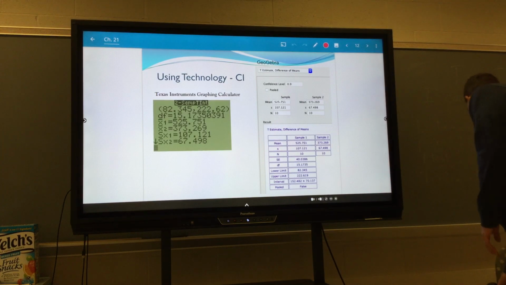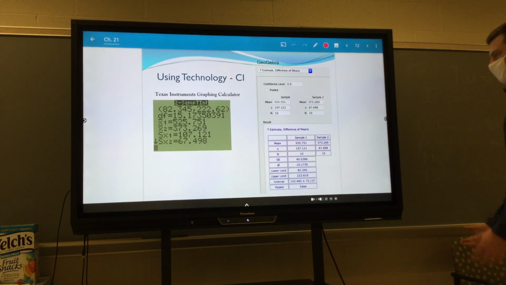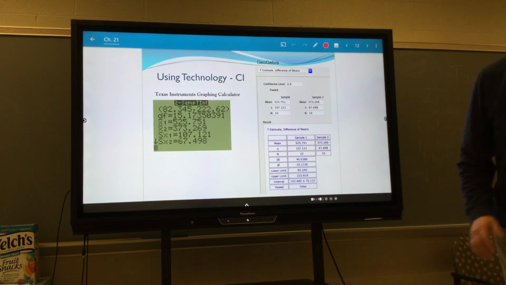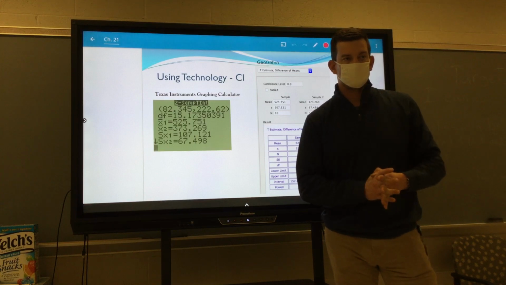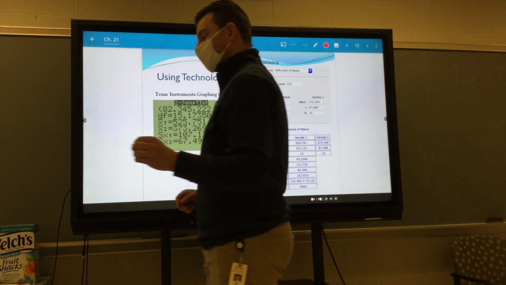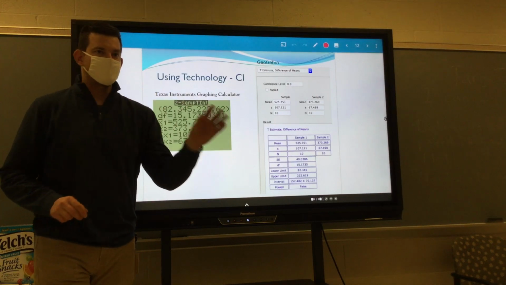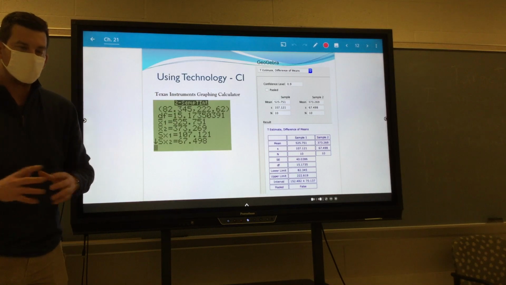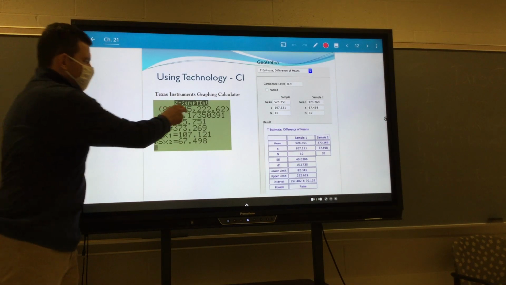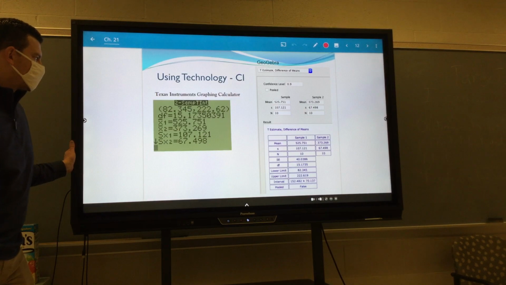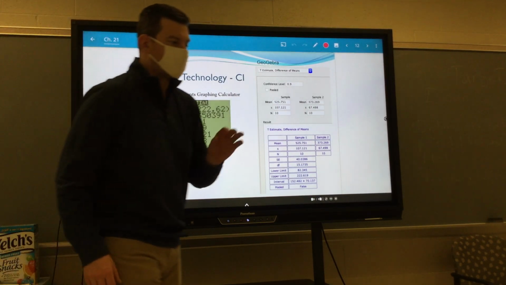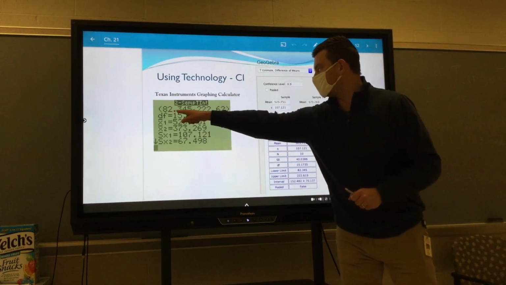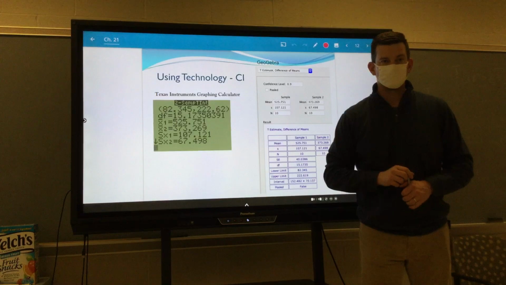All right, so here is our summary screen on both the calculator and GeoGebra that we just saw. Let's talk about what this confidence interval means. Remember, we're doing x bar 1 minus x bar 2 to find a difference between the two samples. What this confidence interval is saying is that we are 90% confident that the actual difference is between 82 and 222.